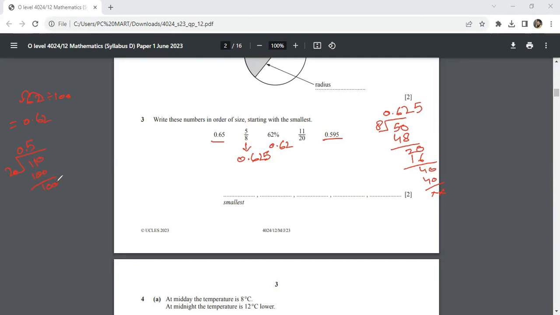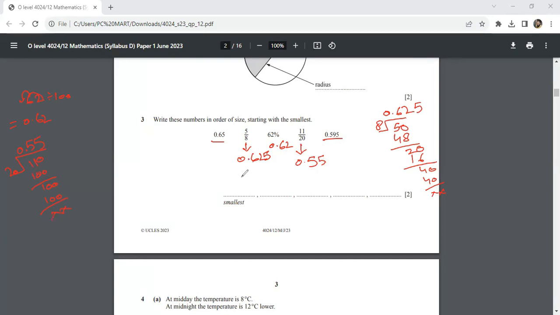Again, the decimal is over there. We can put a 0. 20 fives are 100. So it is 0.55. And this is 0.595.